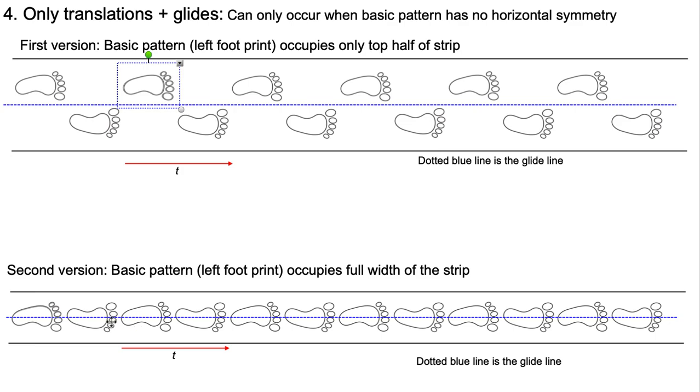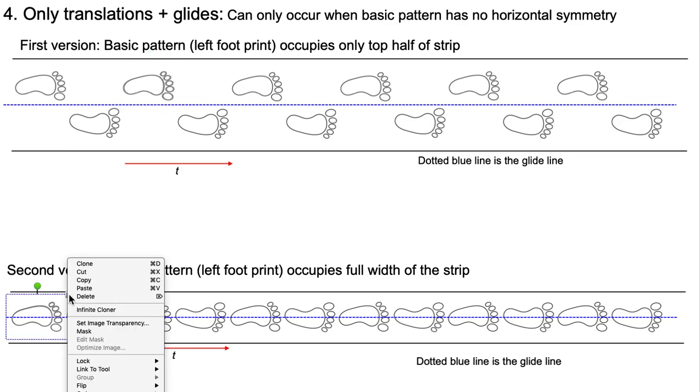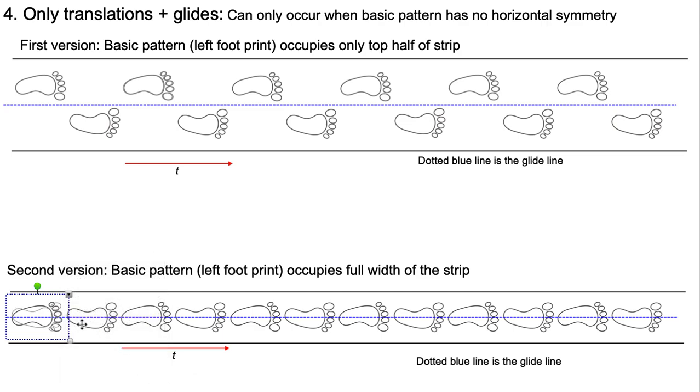This strip pattern has a similar property. If I look at this and I reflect it, it's now been reflected directly across that line, and when I translate, I land on the next right footprint. So it's important to realize in these glides that the glides are only half as long.